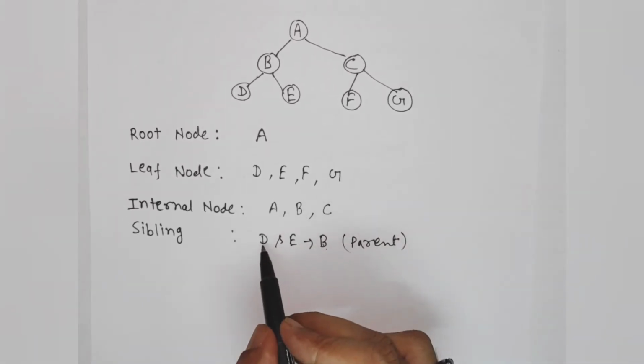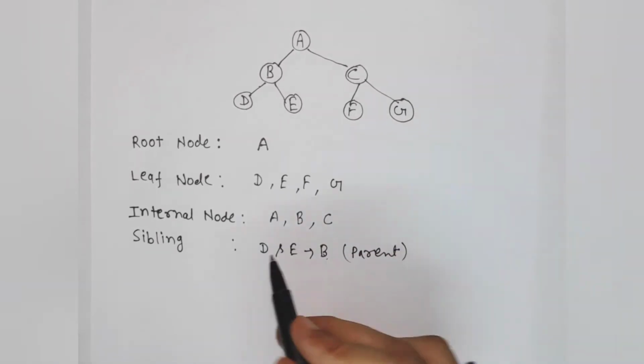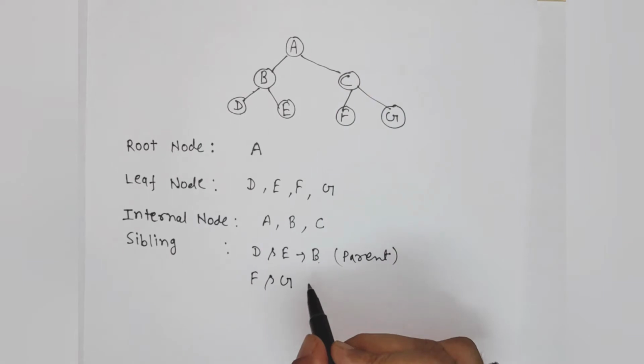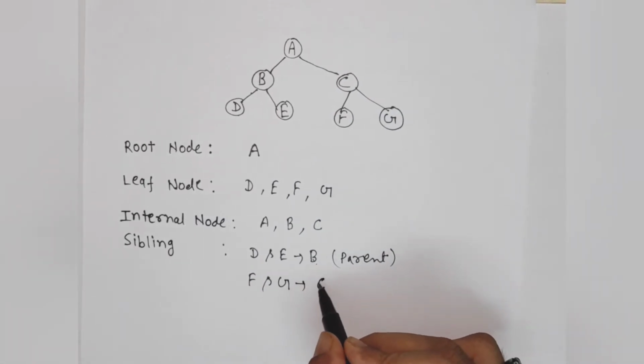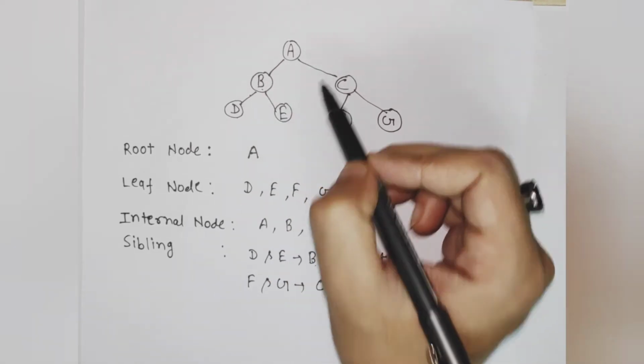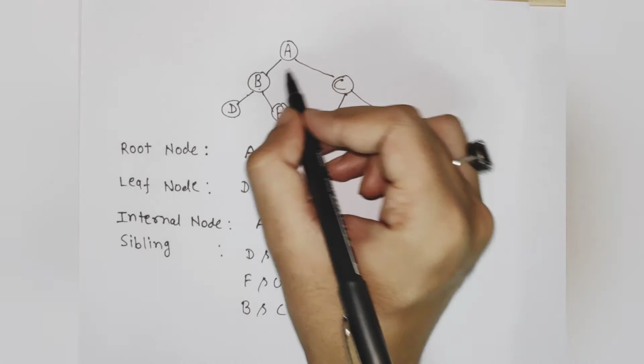So we can say D and E are siblings. Similarly, F and G are also siblings, and they are sharing C. And B and C are also siblings. For them, parent is A.